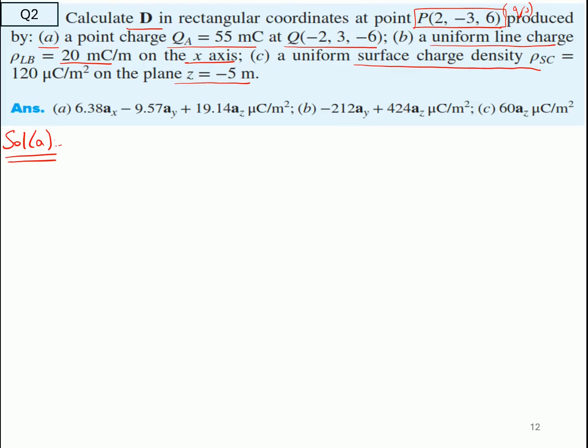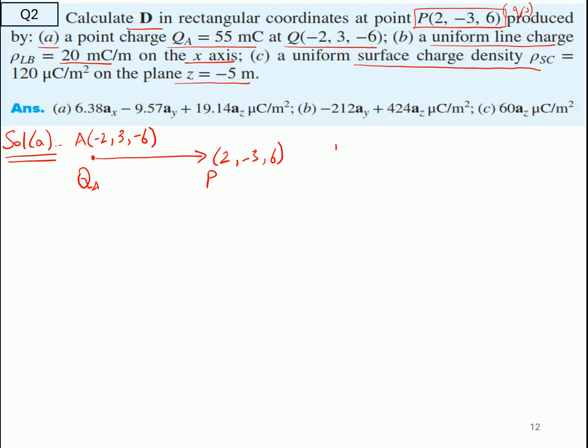So the source point is, let's say we call this Q at A, and it is at point minus 2, 3 and minus 6, and the test point is located at point P, that is 2, minus 3 and 6. Now I need to find the electric flux density for this point charge scenario.